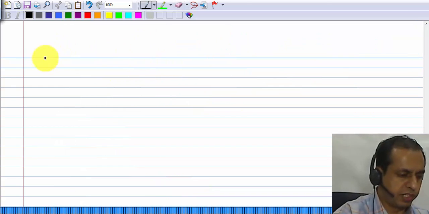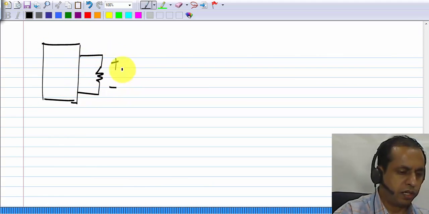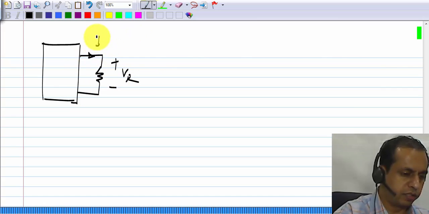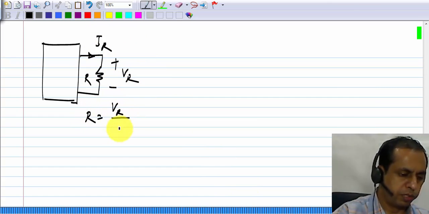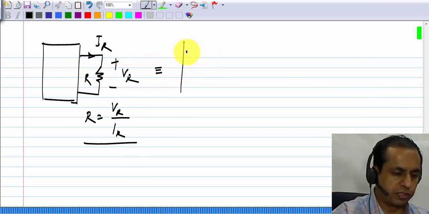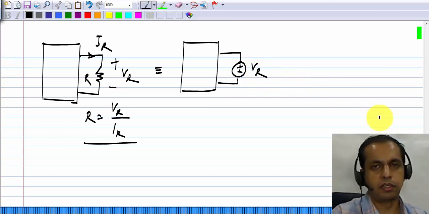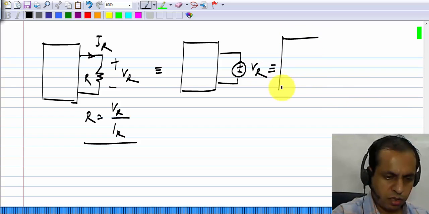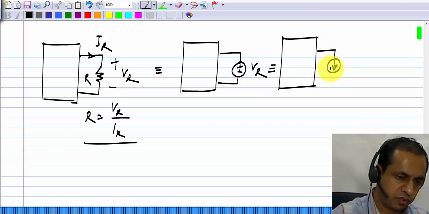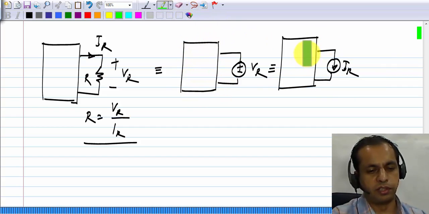The substitution theorem says that if you have a circuit with some resistor, it has a voltage VR across it and a current IR through it, and of course R will be equal to VR by IR by Ohm's law, then you can replace the resistor with a voltage source of value VR or a current source of value IR without changing any of the node voltages or currents in the circuit.